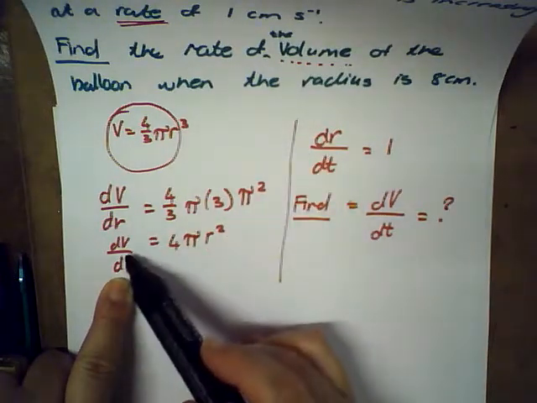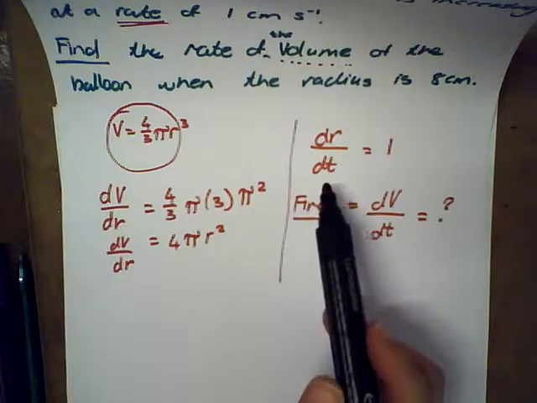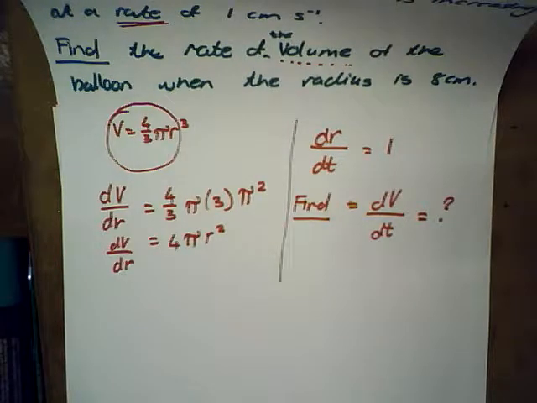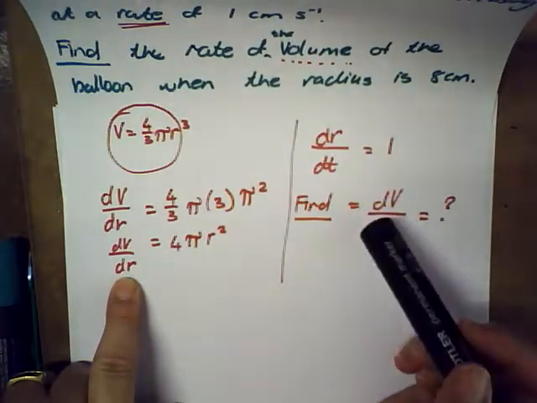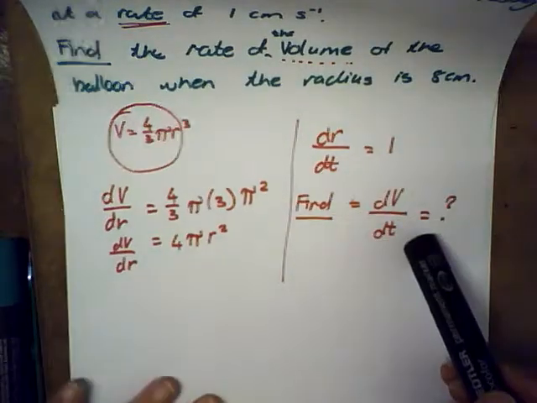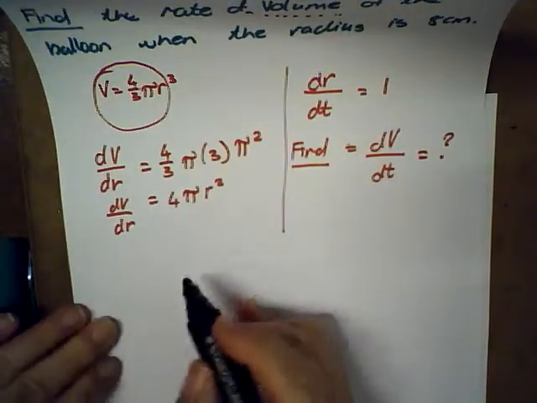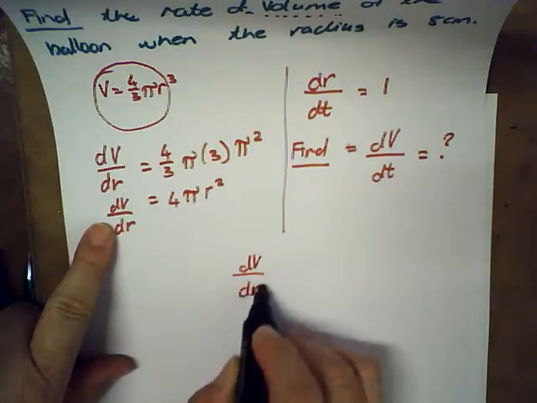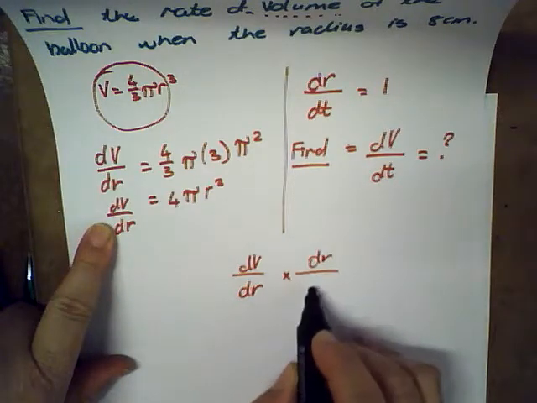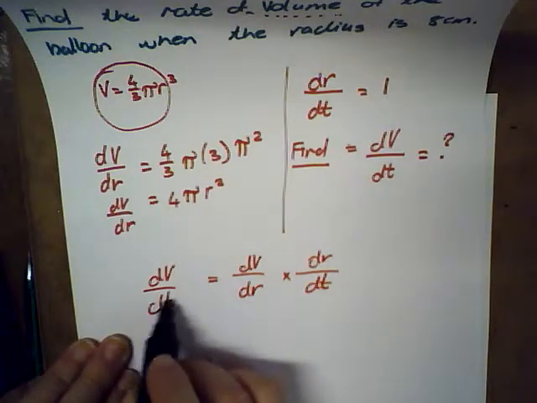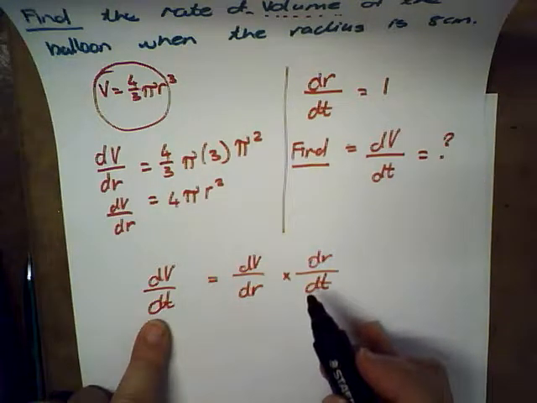If I cancel the dr's, I'll be left with dV/dt, and that is exactly what I want. So let's write it down. We know that dV/dr times dr/dt will give me a result of dV/dt, and that's the one that I want to find.